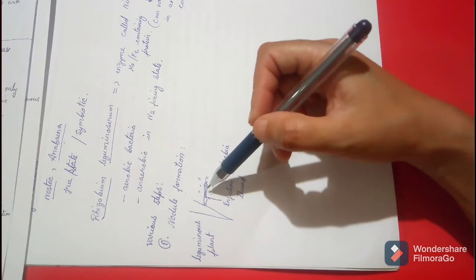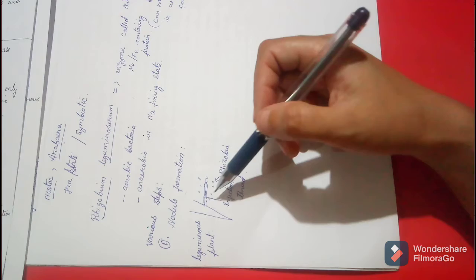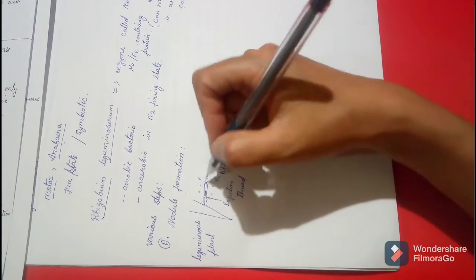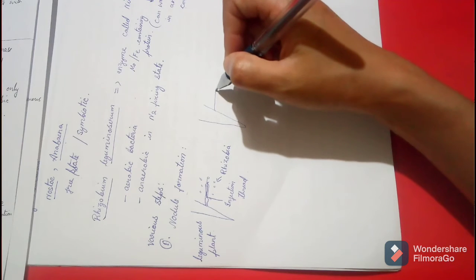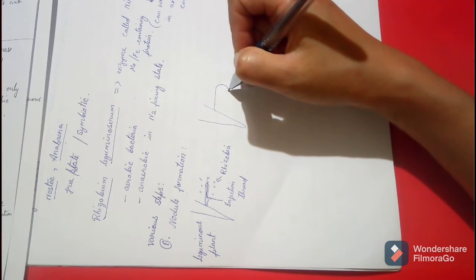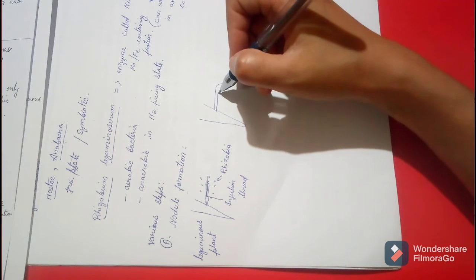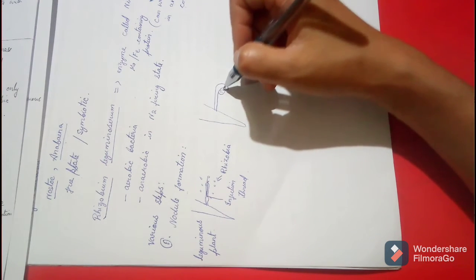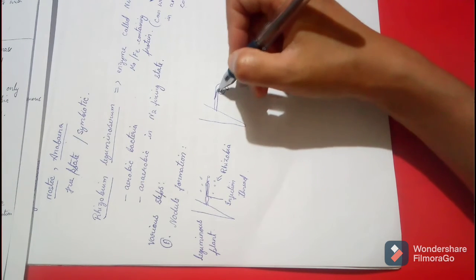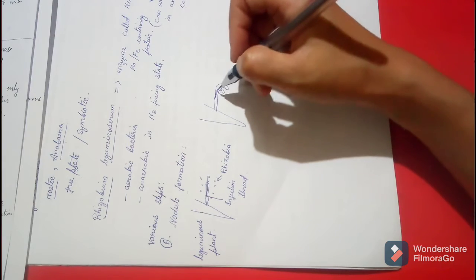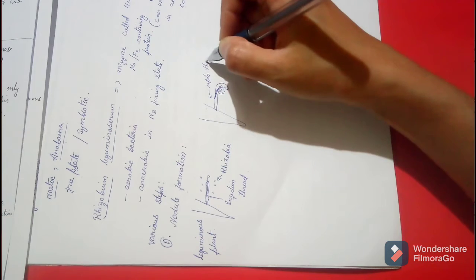They will attach to the root hair, forming the infection thread, and after the bacteria attaches to the root hair, this root hair will become curled. Suppose these are the bacteria, already attached and entered inside, forming the infection thread, and they will reach up to the cortical cells.